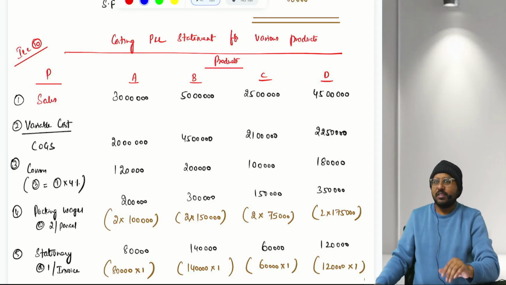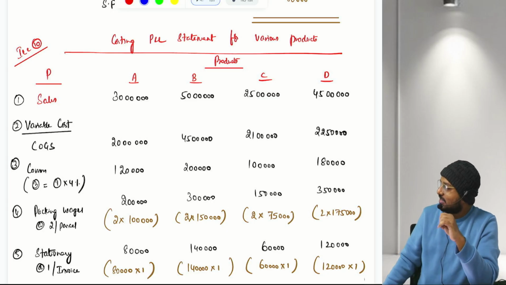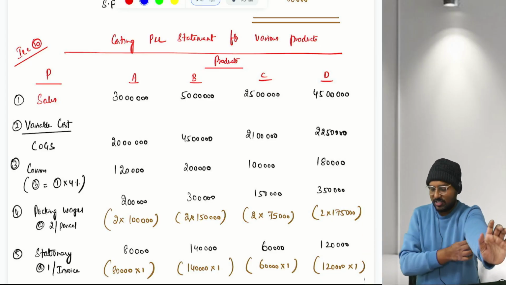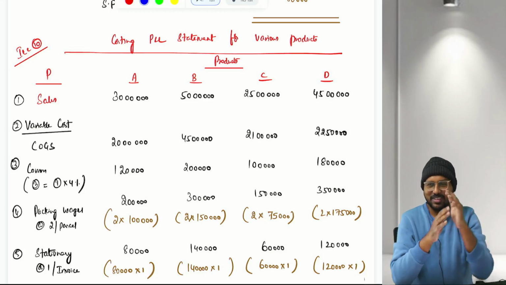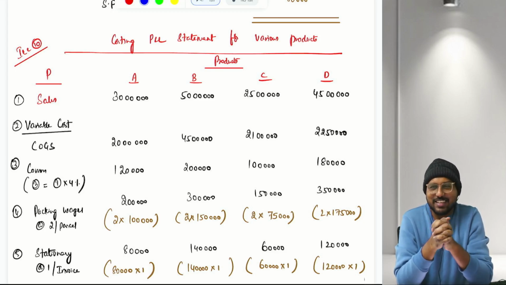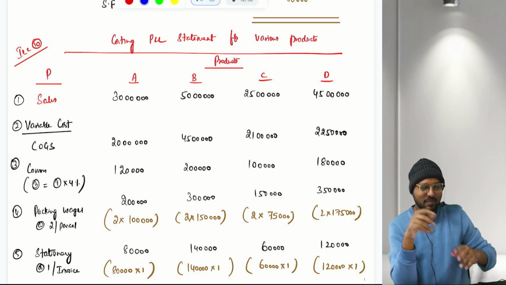Okay, so after a decent gap, we're going to continue with our overheads. First of all, how much of the overheads concept do you guys remember? Very good, fantastic. All right, we'll see that.